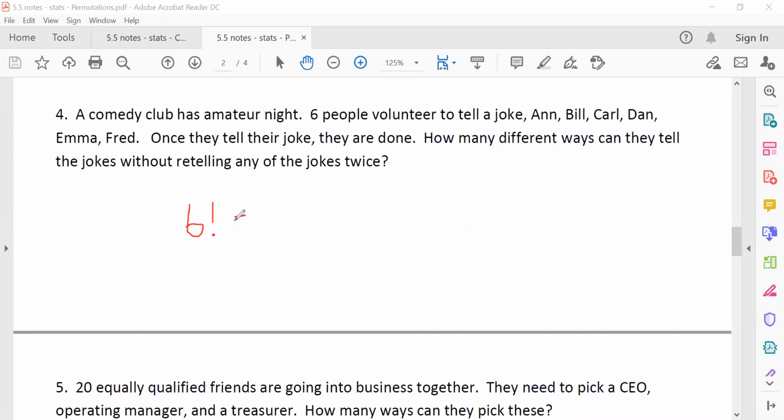You could also say that's 6 permute 6, 6P6. It's the same thing. And that's going to turn out to be 720.